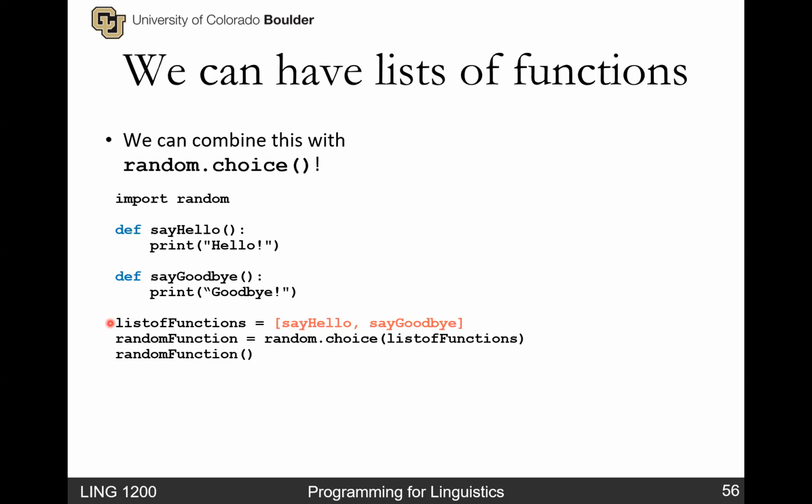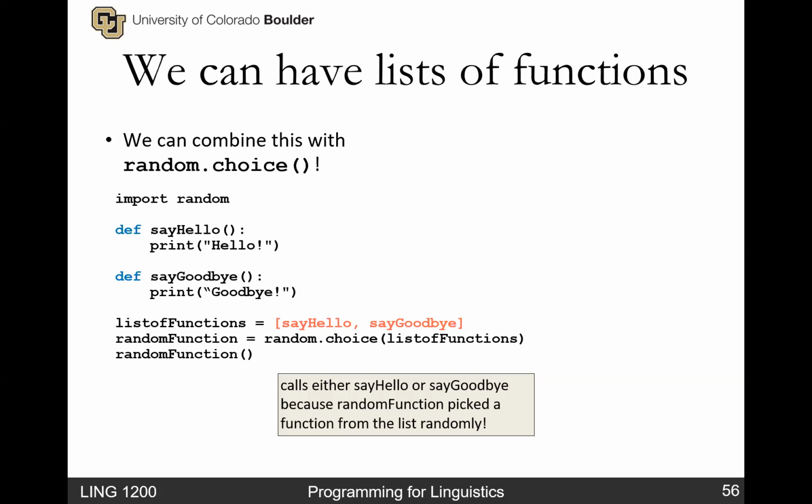And in this case, we do random.choice and feed it our list of functions. And it will choose a random element from the list, assign that to the variable random function, and we can then call that random function. So that's either going to call say hello or say goodbye, whichever has been chosen randomly by the random function.